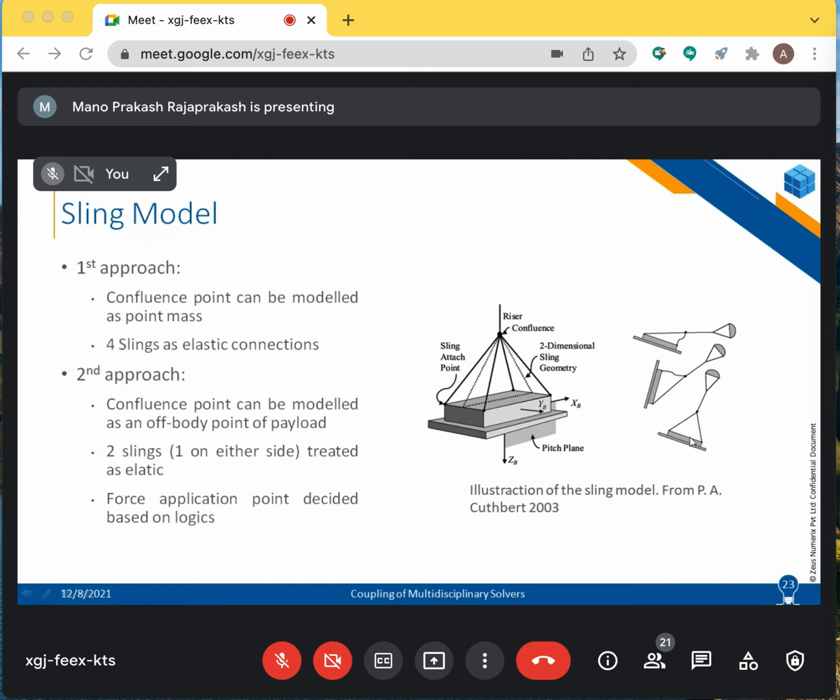So in this case the tension can be applied exactly at the CG point of the payload. This way, there are different kinds of logic and modeling approaches that can be implemented in the sling model.